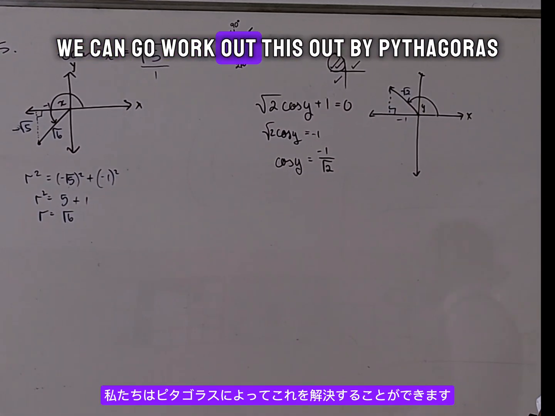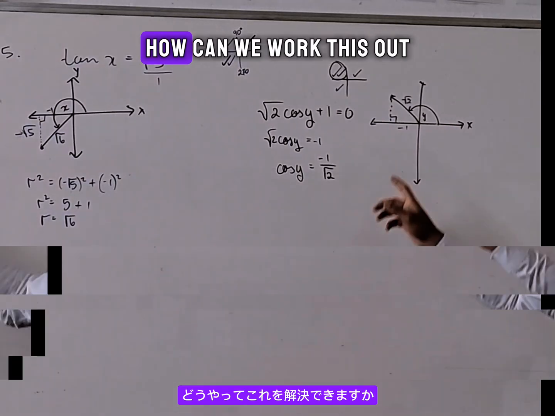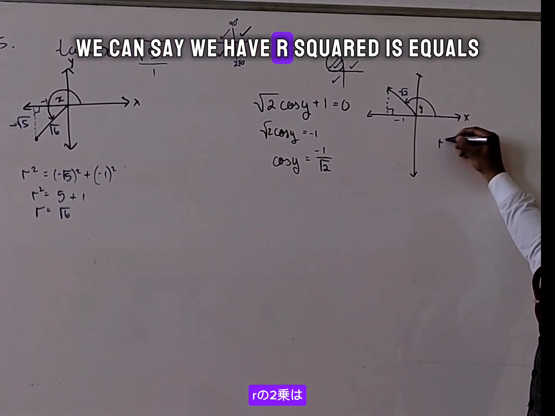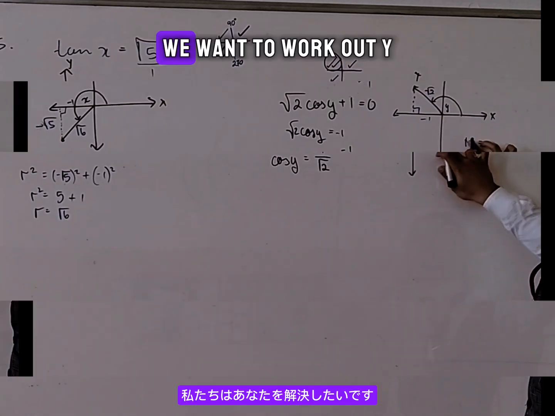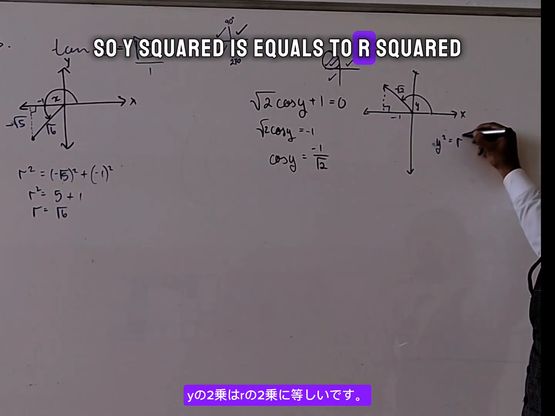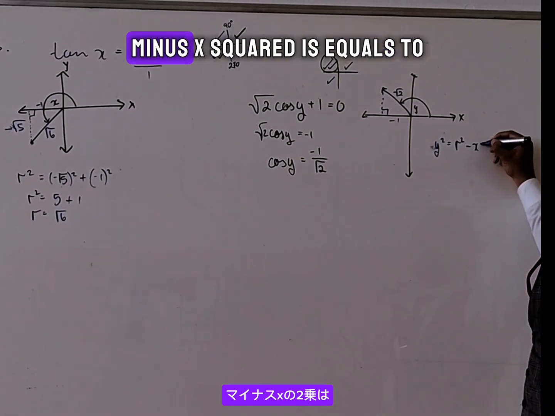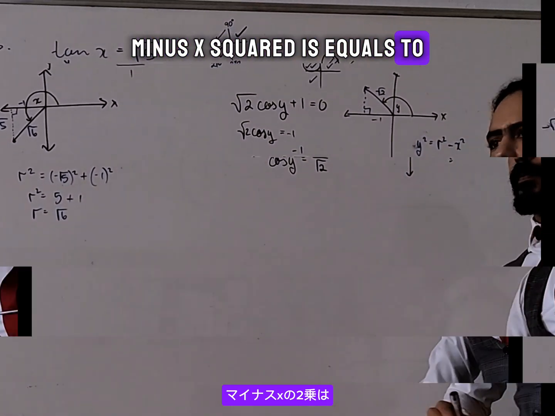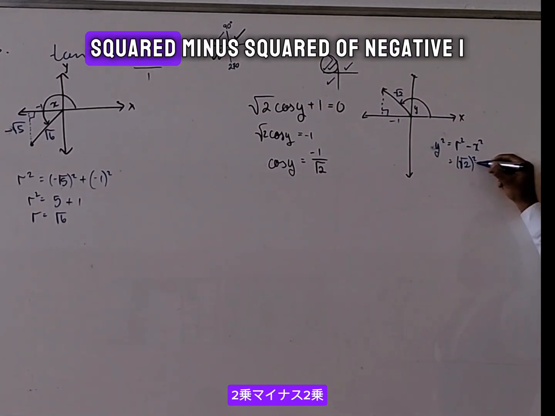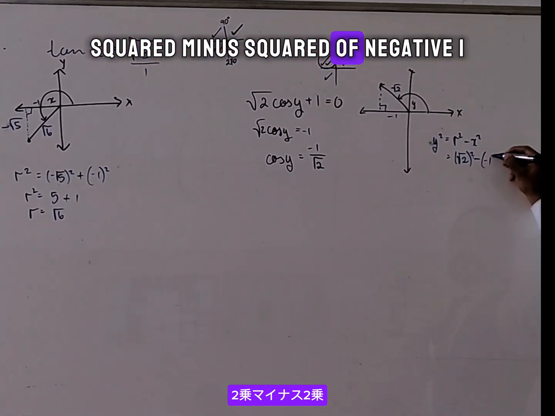We can work this out by Pythagoras. We want to work out y. So y squared is equal to r squared minus x squared, which is the square root of 2 squared minus negative 1 squared.